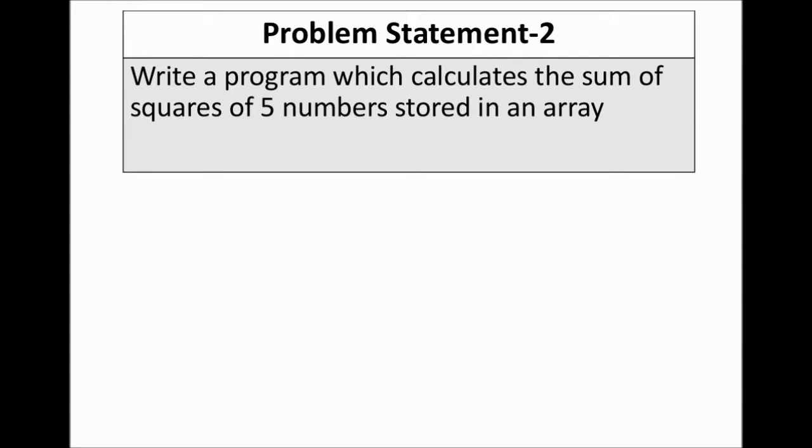So here we have a problem statement. Write a program which calculates the sum of squares of 5 numbers and stores them in an array. It is the same program we wrote before with a little change, that is this time we want the sum of squares of 5 numbers.